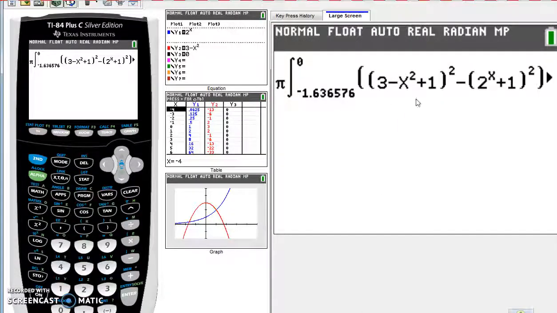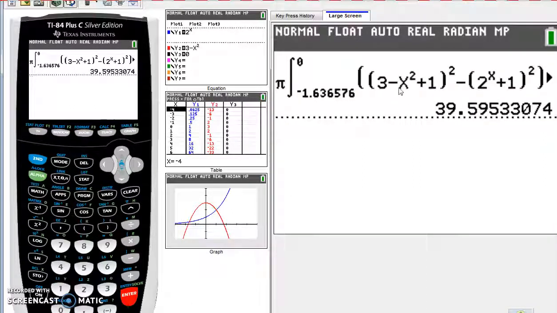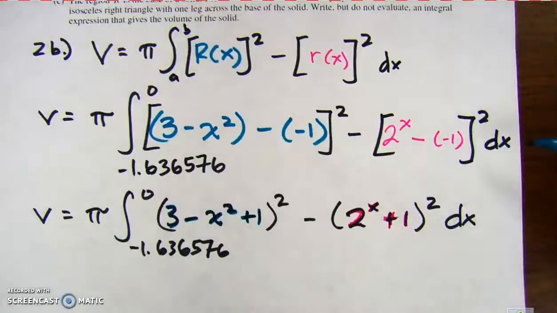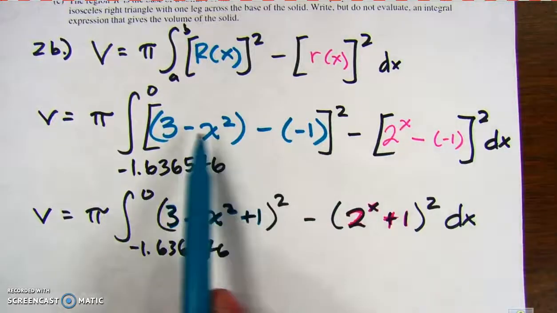So once you plug it into your calculator, you get this. Notice how easy it was to plug in the function 3 minus x squared plus 1 and 2 to the x plus 1, rather than plugging in this entire mess here.